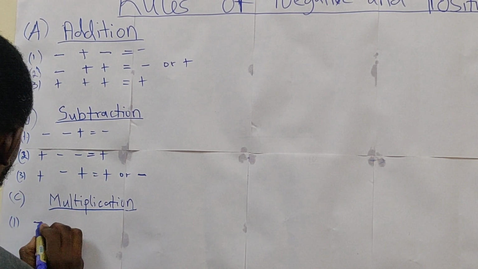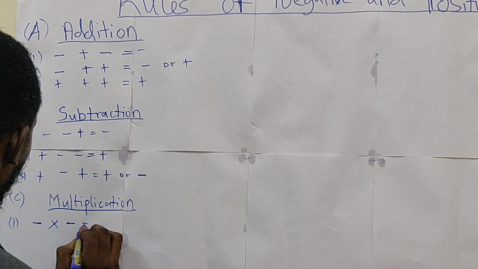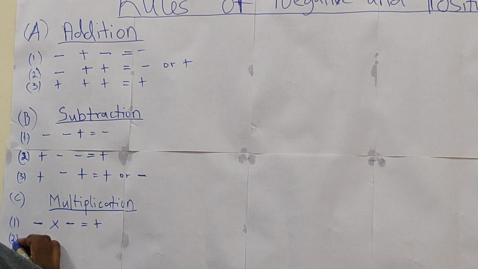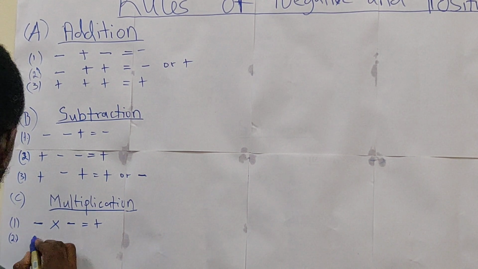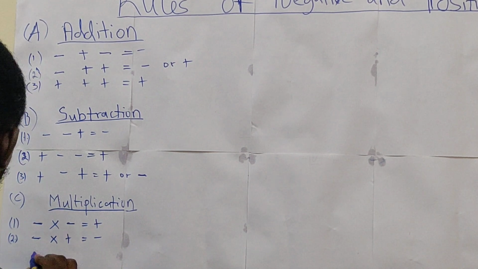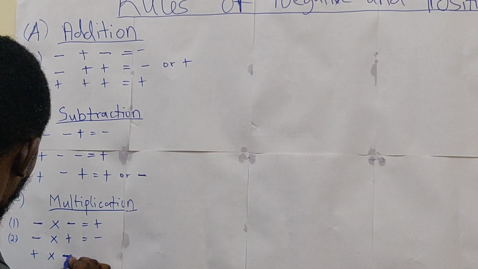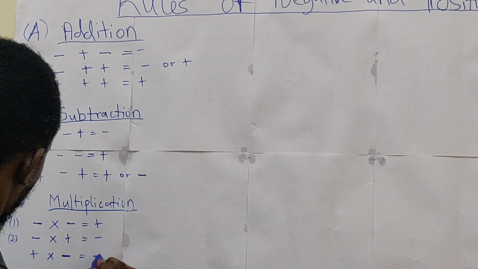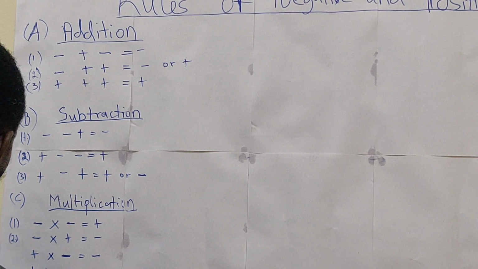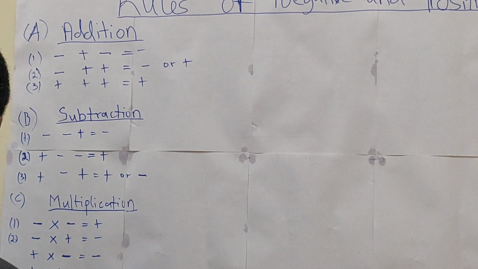Negative times negative is equals to positive. Negative times positive, which is equals to negative. Positive times negative is equals to negative. Lastly, we have positive times positive, which is equals positive.